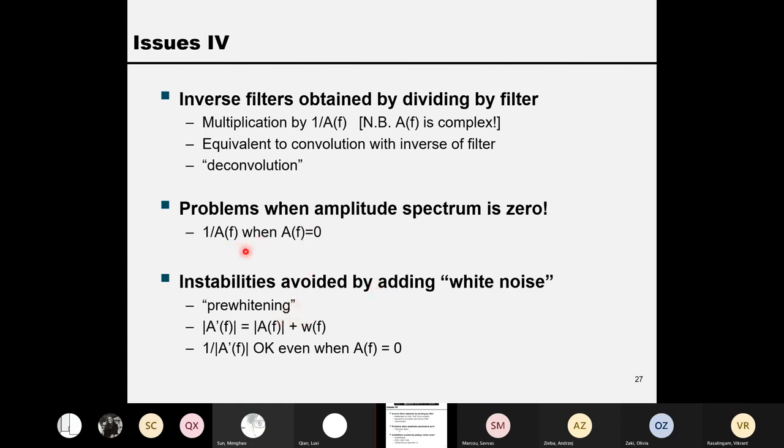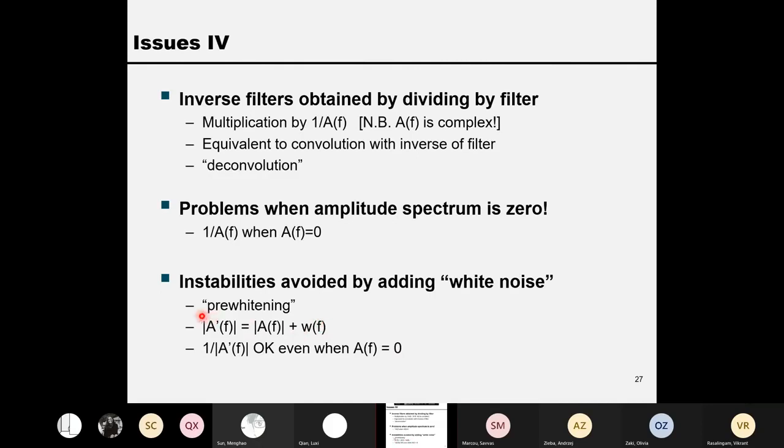One technique to overcome this problem is to add something to A(f), which is W(f) here, white noise. Then 1 over A plus W(f) will be okay, even if A(f) is 0, because this W(f) is constant and non-zero.